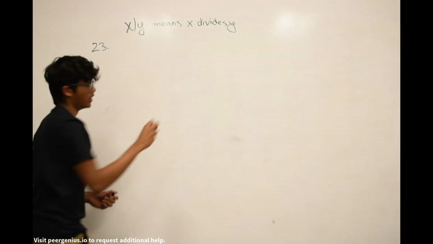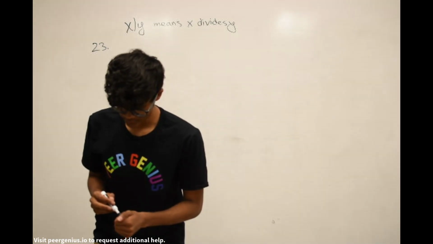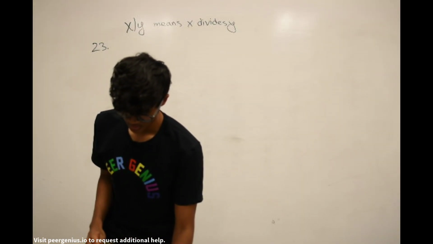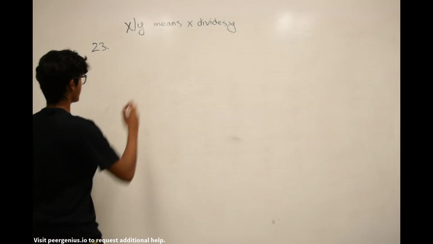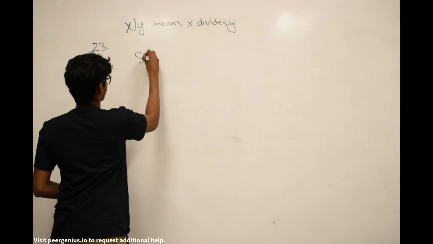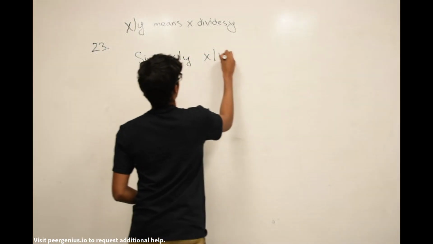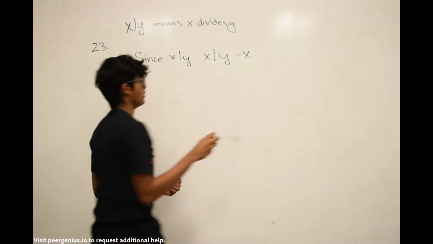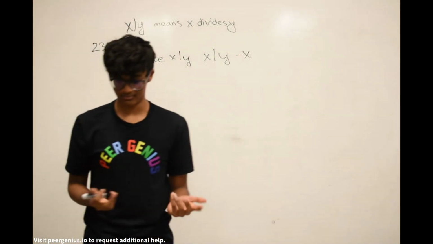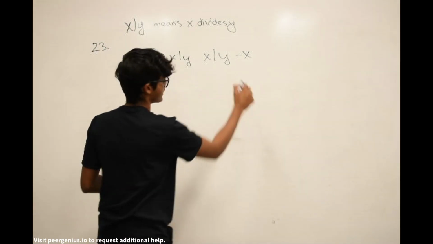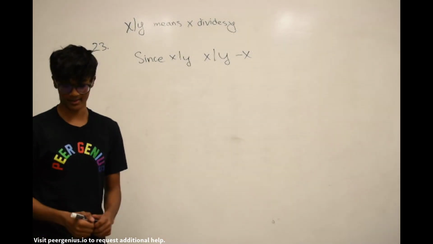Okay. So we're given in the first condition that x divides y. So since x divides y, x also divides y minus x. That's just given since x divides y and x divides x, so x divides y minus x.